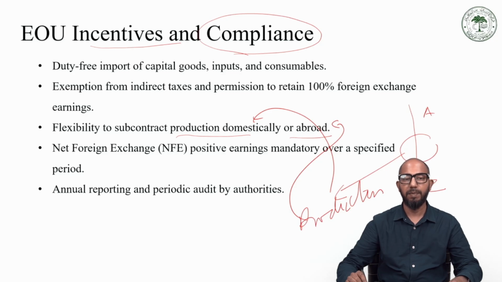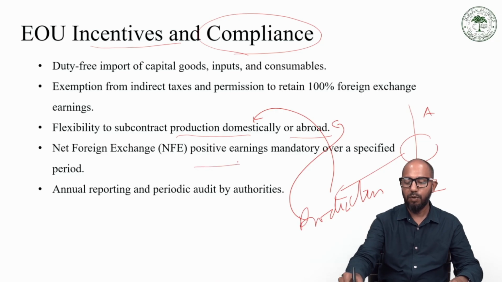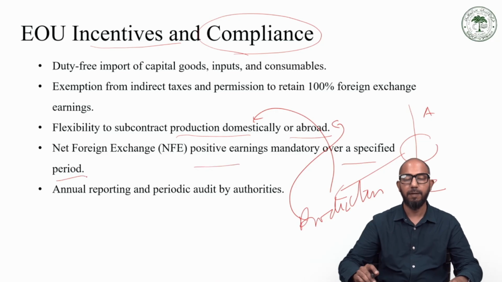Another important benefit is the issue of net foreign exchange. The compliance considers that net foreign exchange of these industries, which are being set up under export oriented units, should remain positive over a specified period of time.